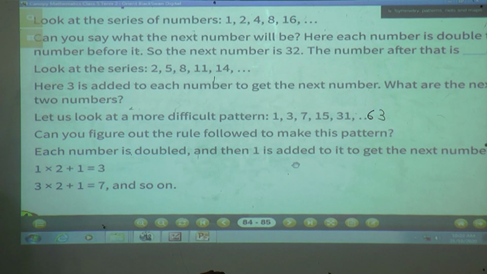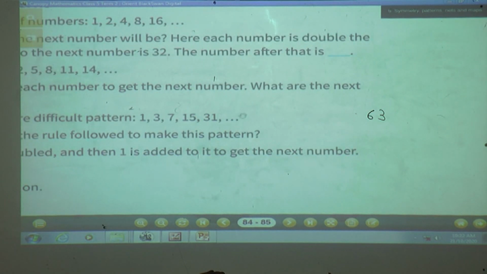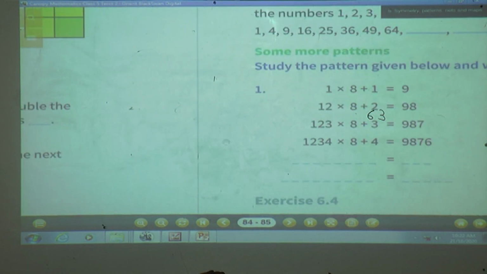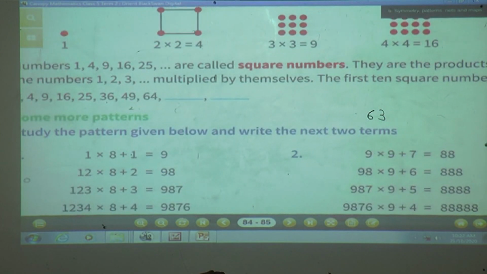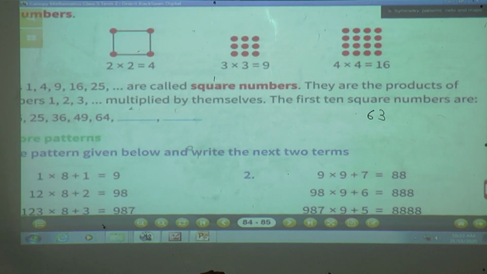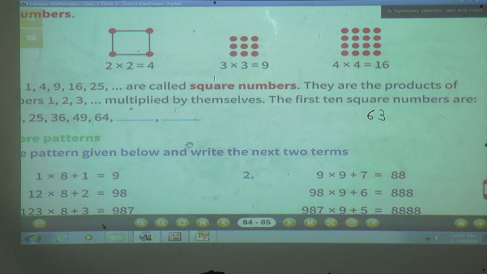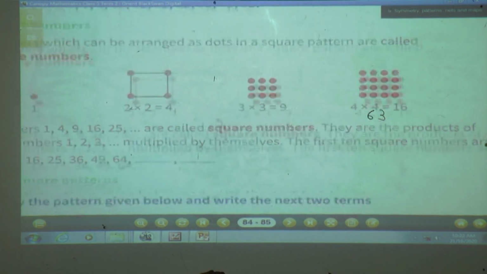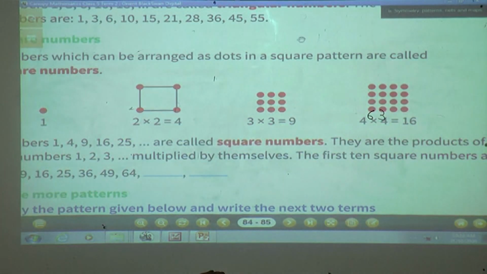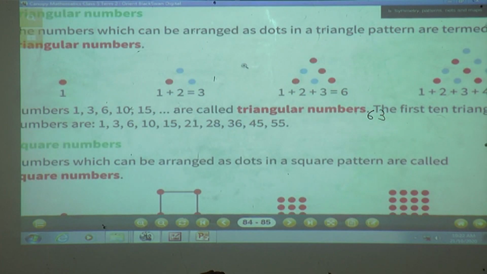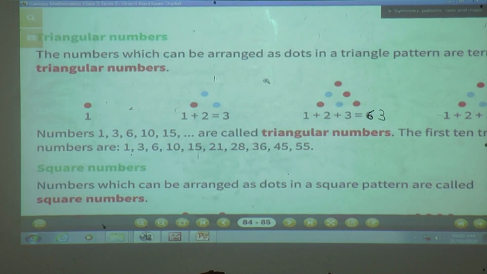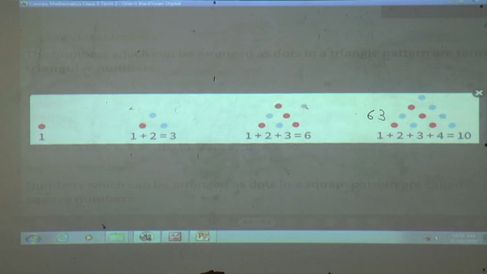Okay. Now students, see triangular numbers, page number 85. The numbers which can be arranged as dots in a triangle pattern are termed as triangular numbers.